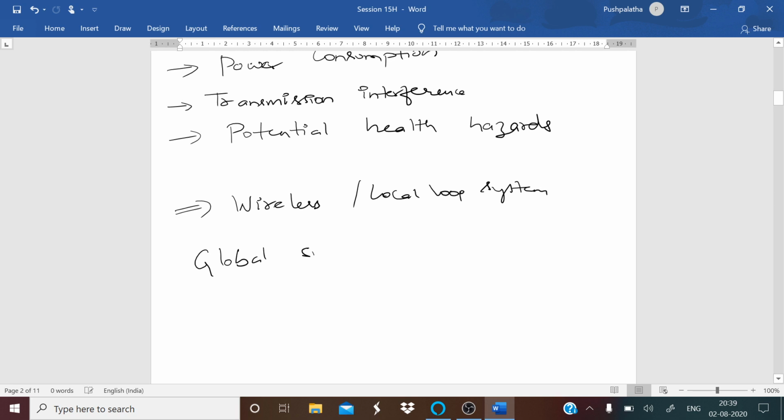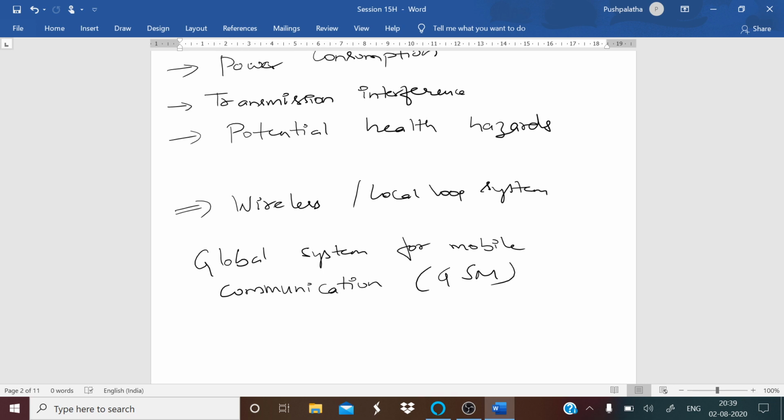That is the global system for mobile communication. In short it is known as your GSM.